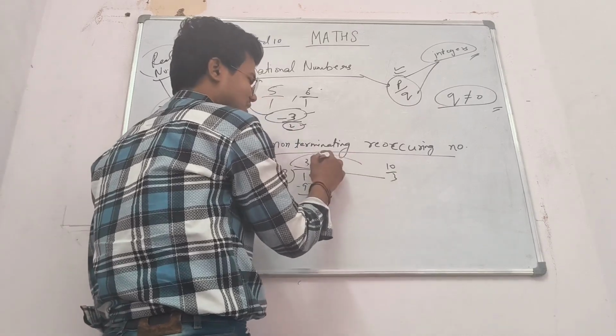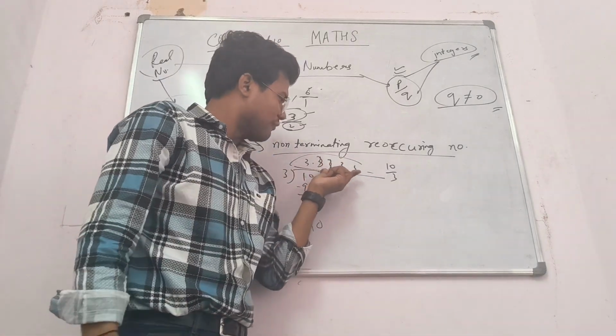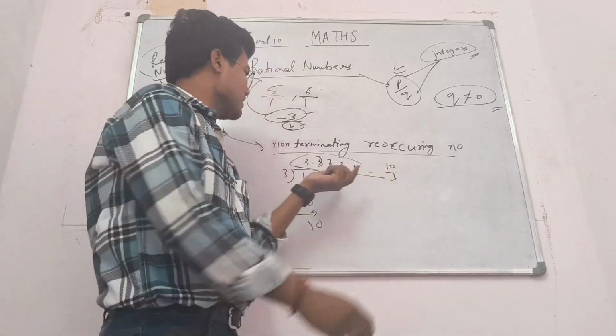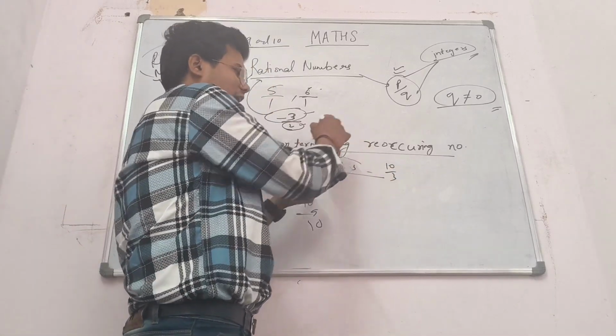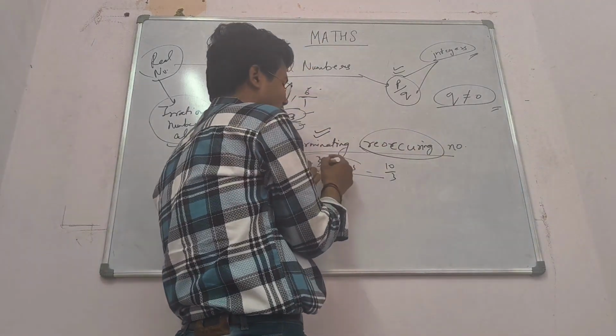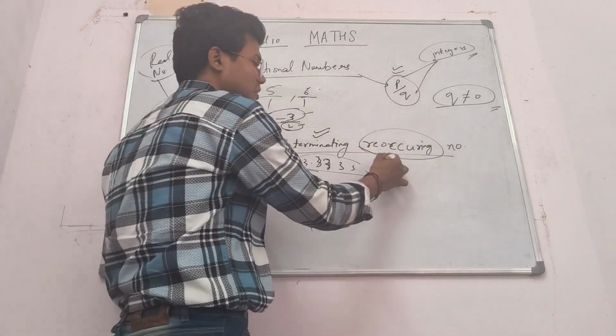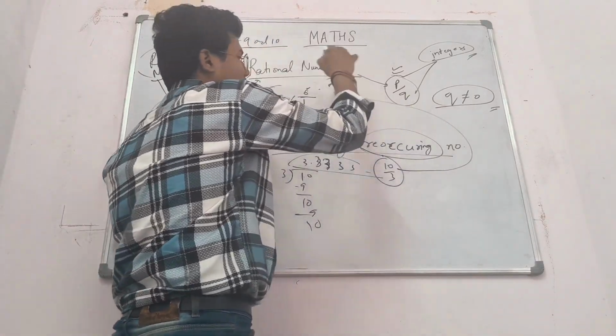It is repeating 3 3 3 3. After the decimal, 3 is repeating. So it is non-terminating, it is not ending, and it is recurring. It means 3 is repeating. This number also falls in the category of a rational number.